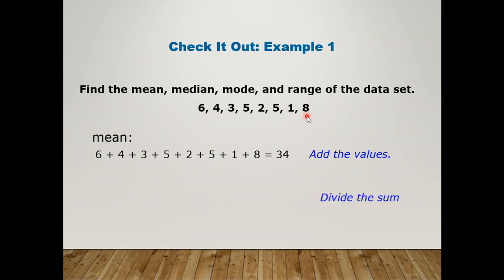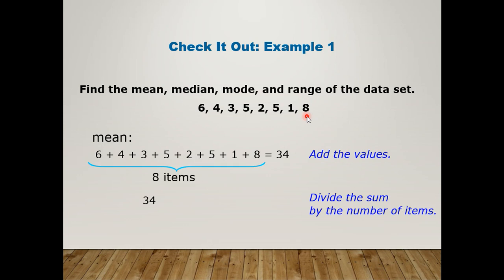Once po na nakuha na natin yung summation, we will be dividing the sum into the number of items. Meron tayong 8 items in total or 8 data sa isang data set natin. So this 34 will be divided into 8 and then the answer is 4.25. So 4.25, mga anak, will be the mean for this data set.